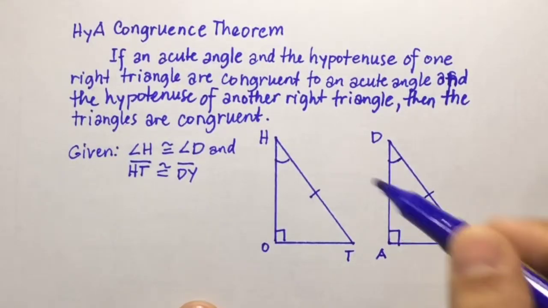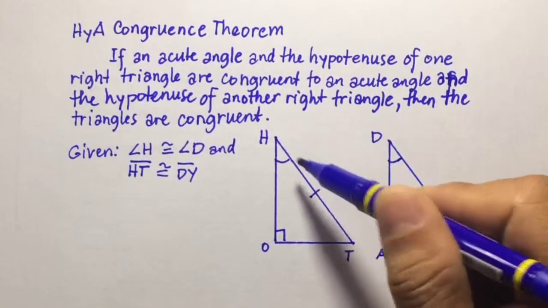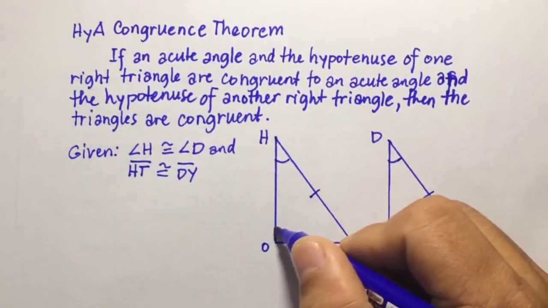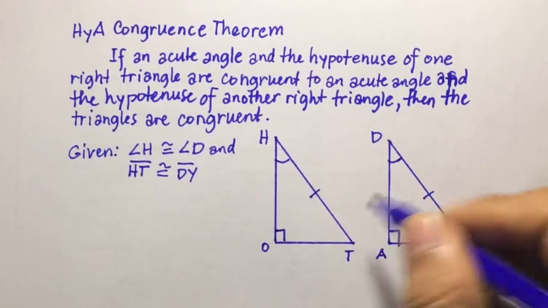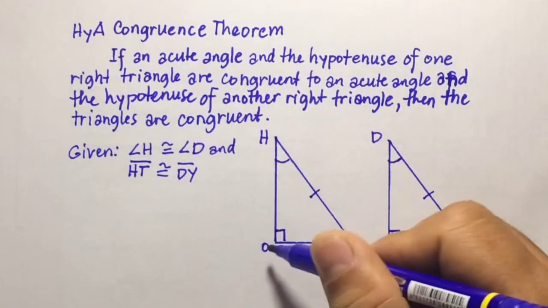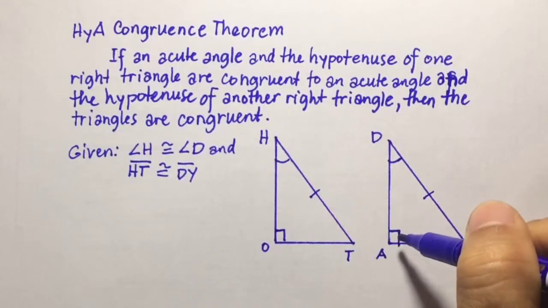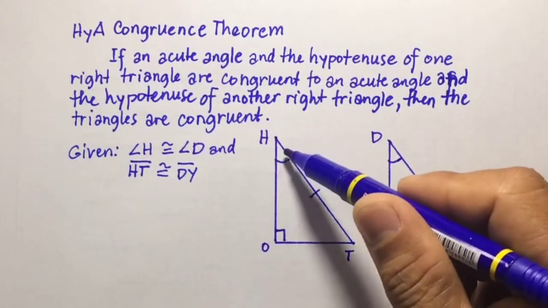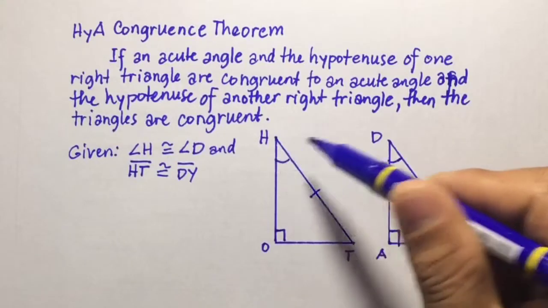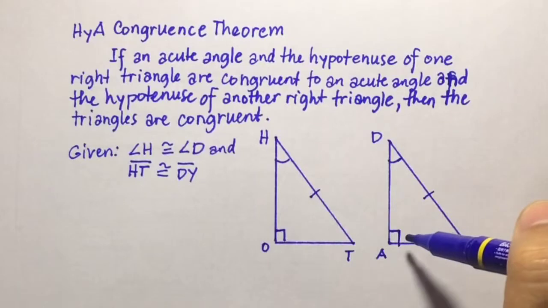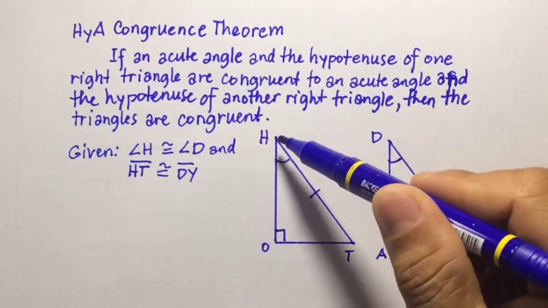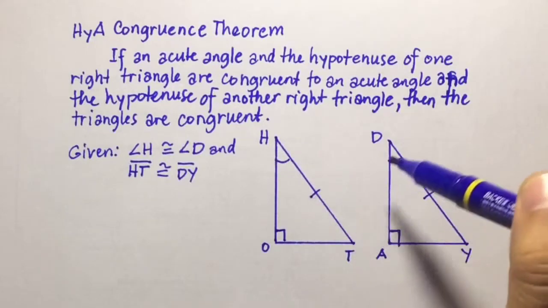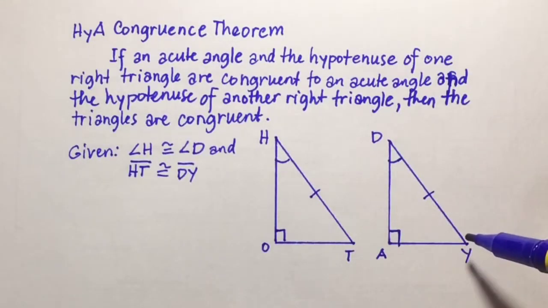Now, this is just an application of the SAA congruence postulate. It's because in here, angle O and angle A are congruent because these two angles here are right angles. So we have two pairs of corresponding angles which are congruent, angle H to D and angle O to angle A, and an excluded side, line segment HT, congruent to line segment DY.